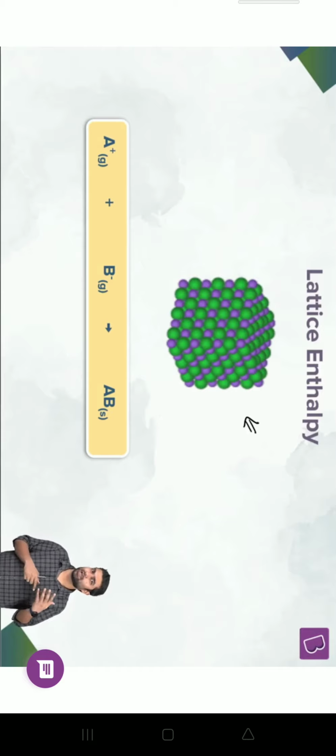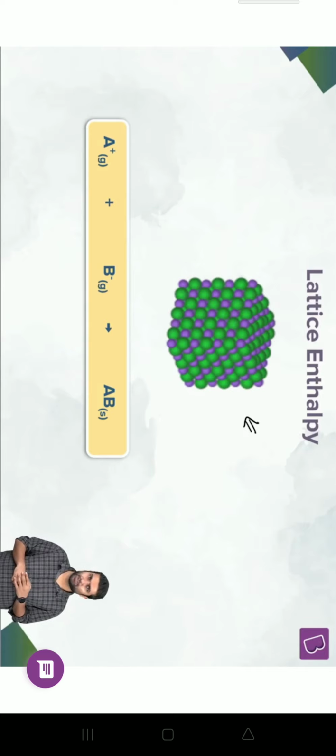But then again, lattice energy could have different values depending on whether I have 100 A plus and 100 B minus, or 1 million A plus and 1 million B minus, or some other amount. So we standardized it. We said we are ultimately forming 1 mole of the lattice.